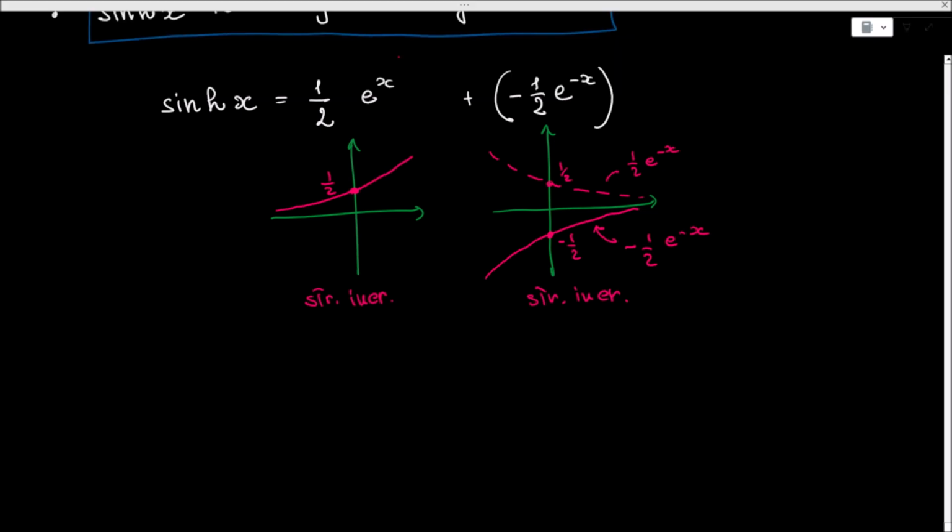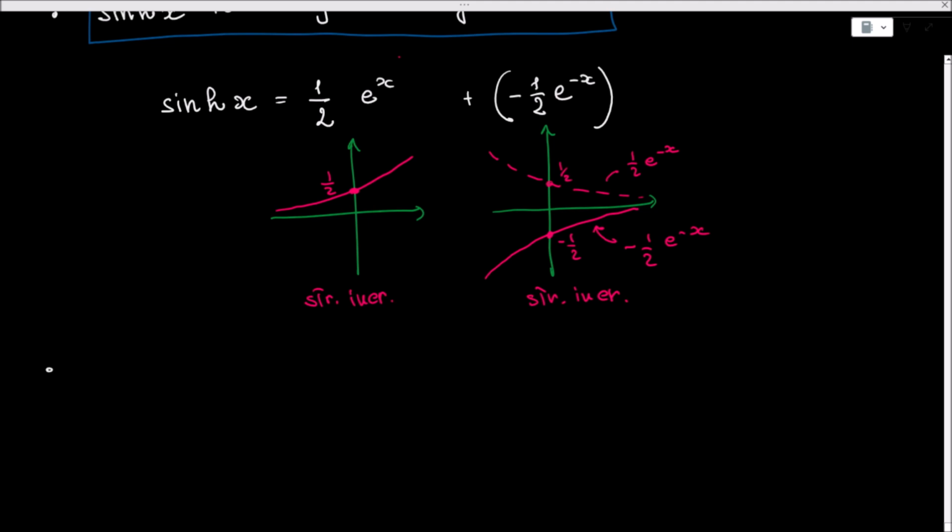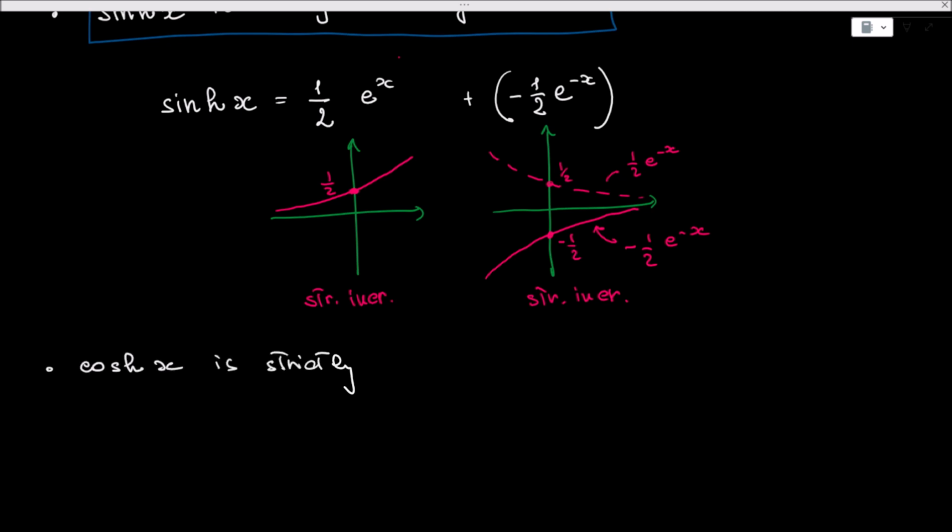Let's see what happens instead for the hyperbolic cosine of x. Okay, now it turns out that also the hyperbolic cosine of x is strictly increasing for every x in the real numbers. Okay, well, not really.